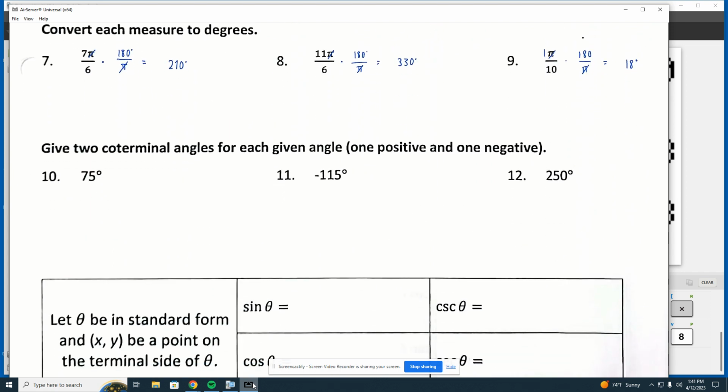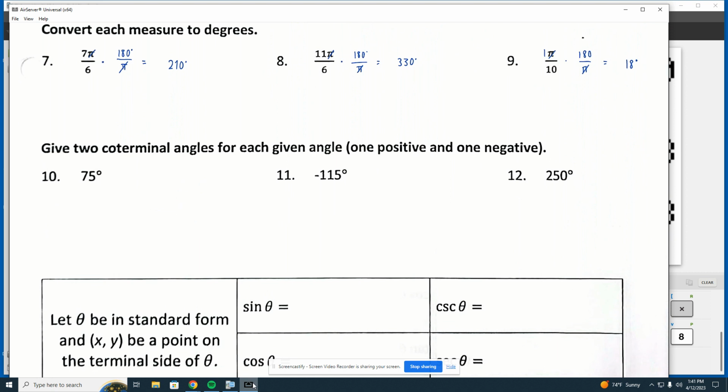Now, let's move along. The next thing we're going to do is talk about coterminal angles. When we talked about this, we said that to be a coterminal angle, it has to be in the exact same position. So it has to land right on top of itself. What causes two angles to be coterminal? Well, it goes all the way around the coordinate plane, which is 360 degrees.